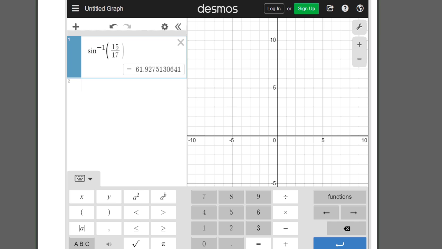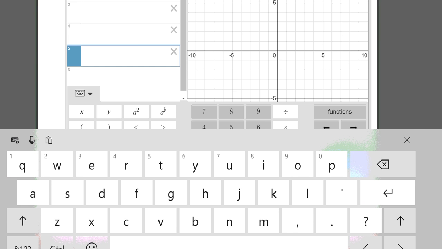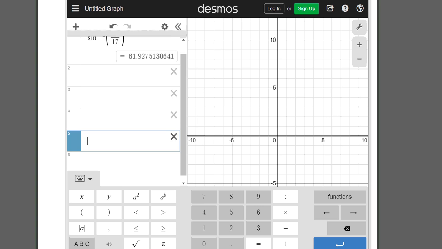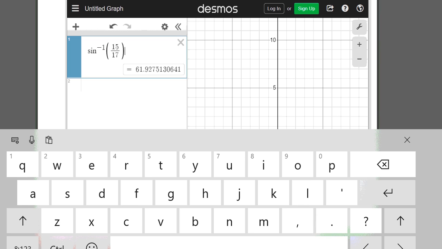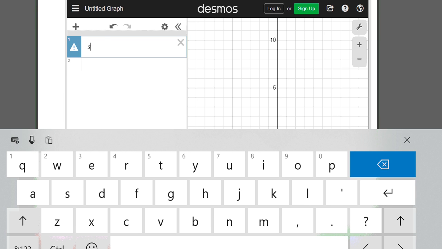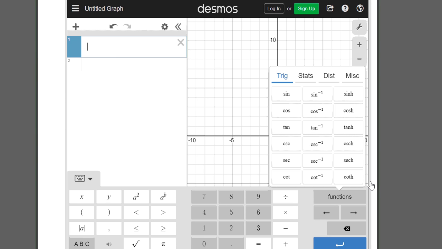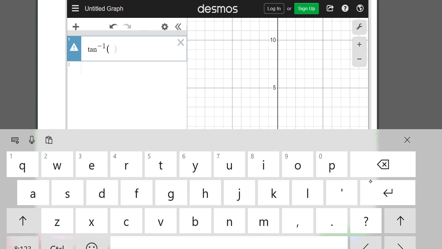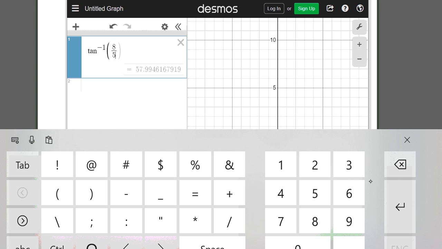Okay, so hit functions, this time we're using inverse tangent, and it was 8 divided by 5.